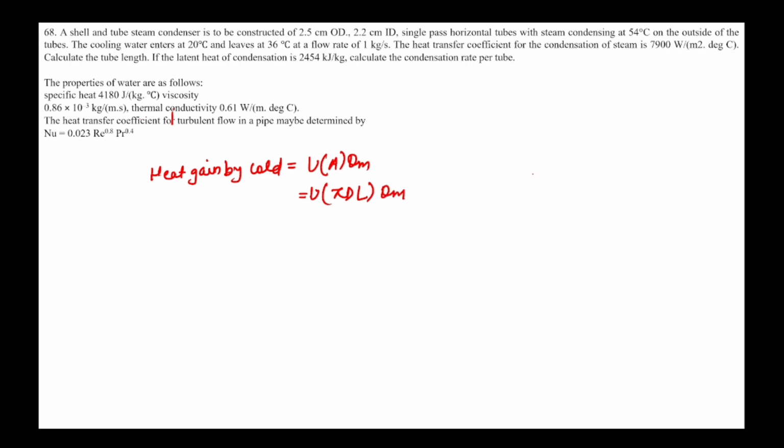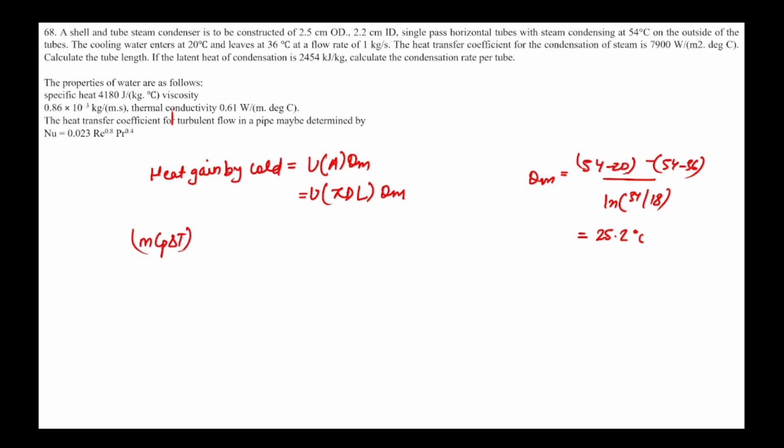Theta m will be 54 minus 20 minus 54 minus 36 divided by ln 34 by 18. It will give 25.2 degrees Celsius.